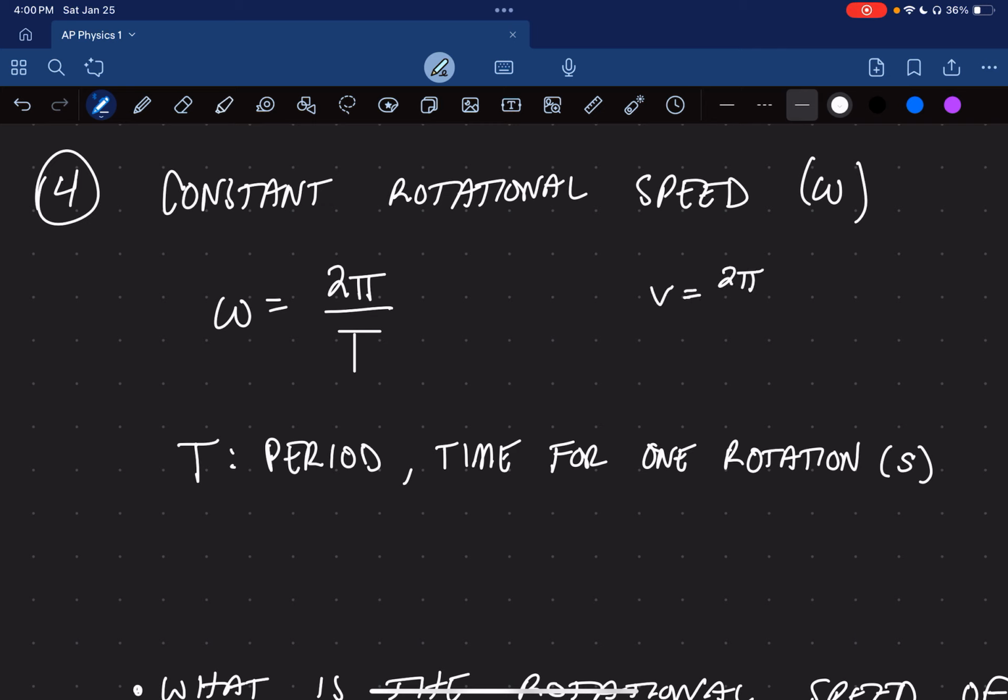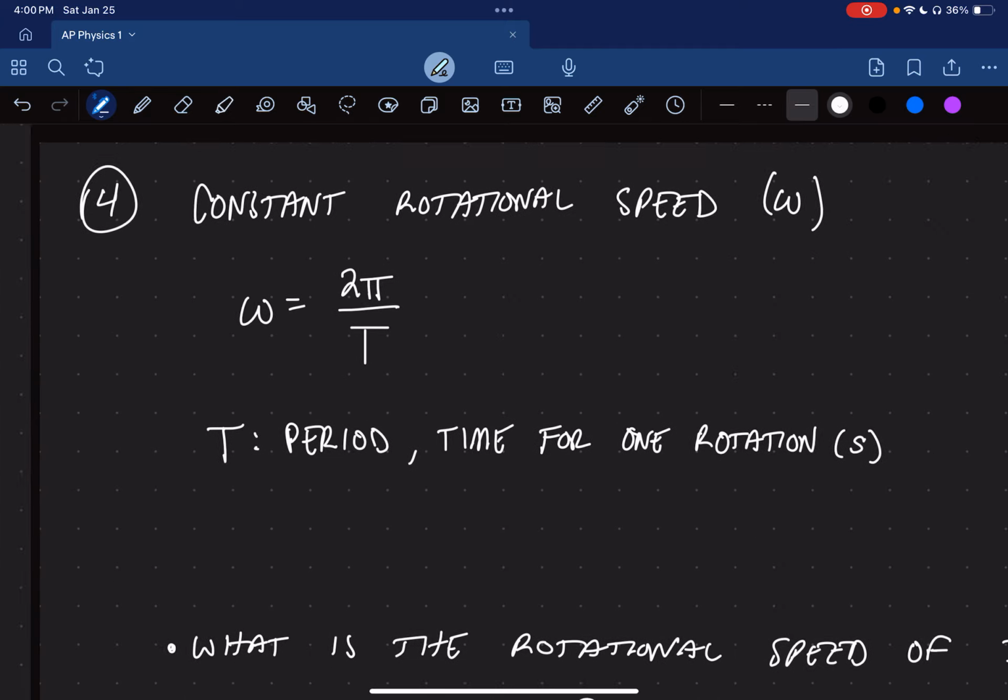You might recall this one. And so substituting the necessary equations, we get omega is equal to 2 pi over T, which is the period. It's the time for one rotation. So omega equals 2 pi over T.